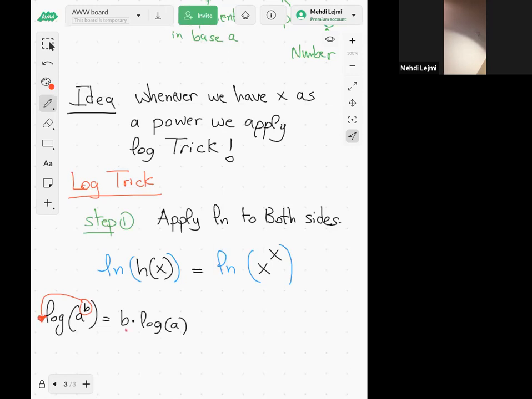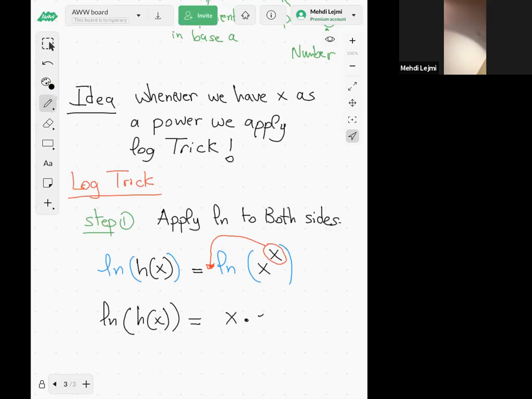So you see why applying this log is important: you're going to bring down the power. Because of this property, I can move this power x to the front here. So we're going to have natural log of h of x equal to x times natural log of x.